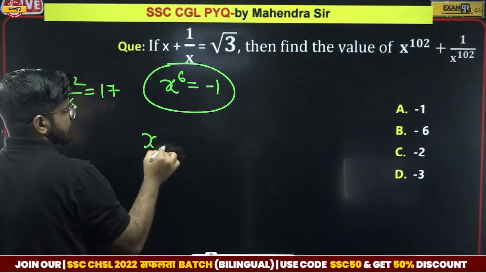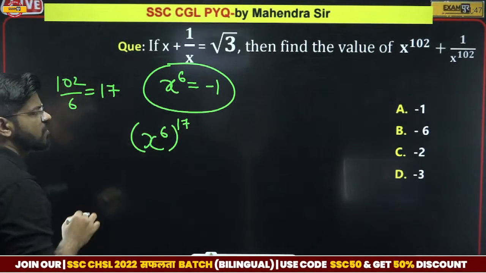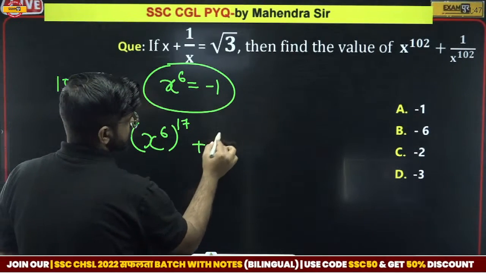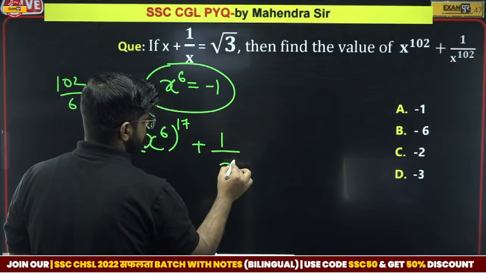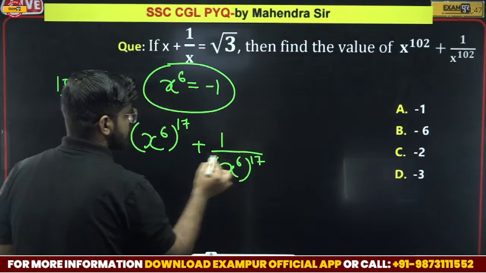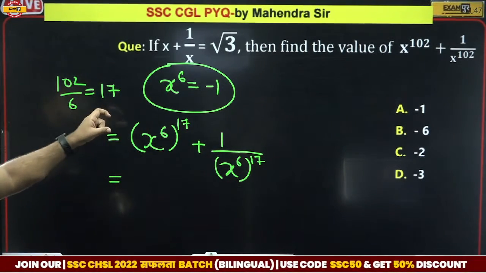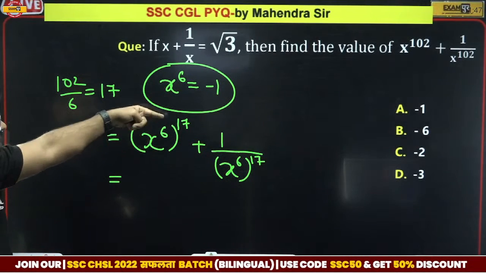So let's break that. 17 sixes are 102, plus again we have the same thing here, 17 sixes are 102. Clear? So now this is minus 1, this is minus 1, each an odd power.